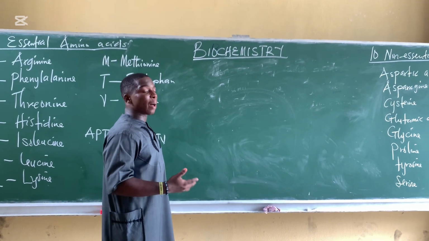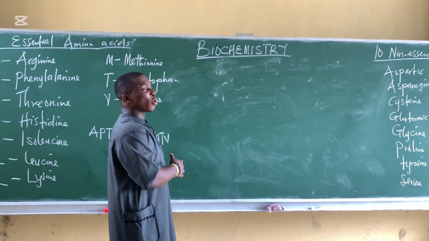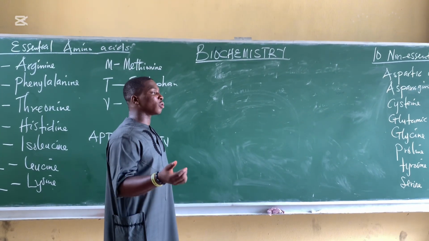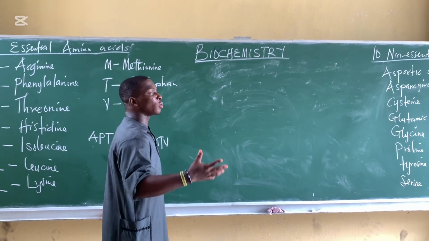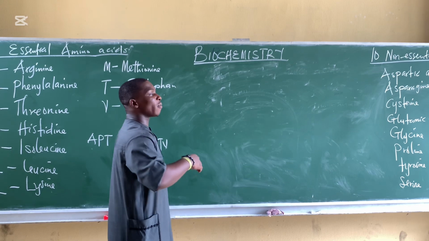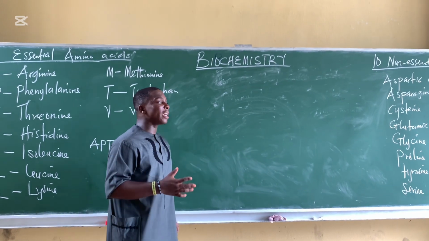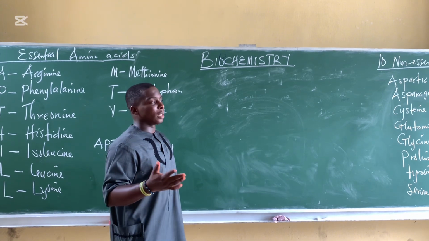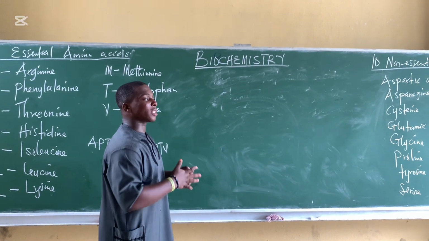The function of amino acids is very vast: growth, development, repair of worn-out tissues. Without amino acids, there won't be any genetic coding. Amino acids are responsible for virtually all cellular activities.